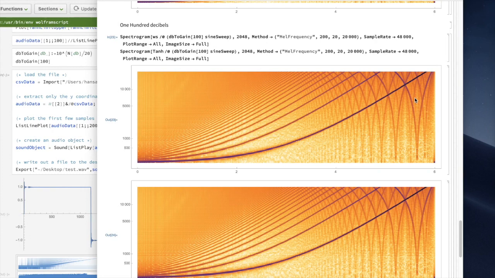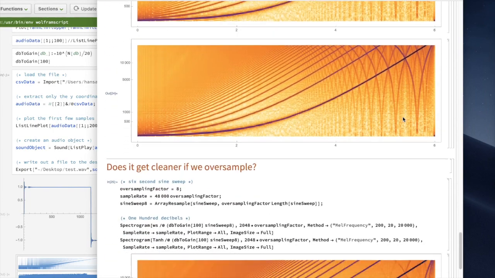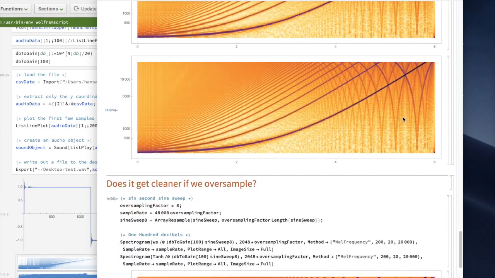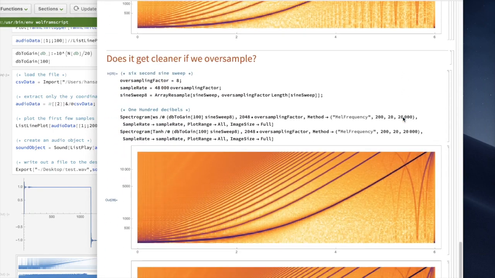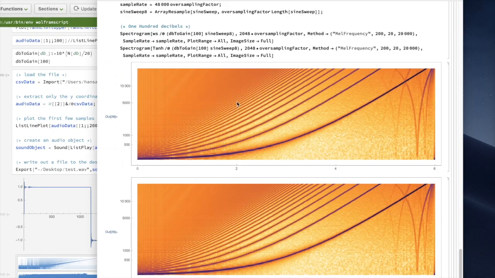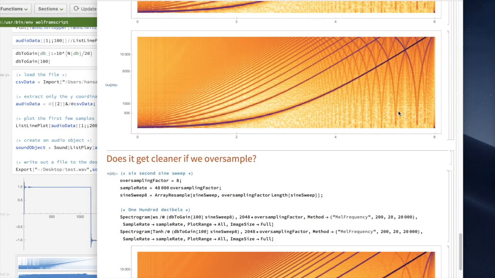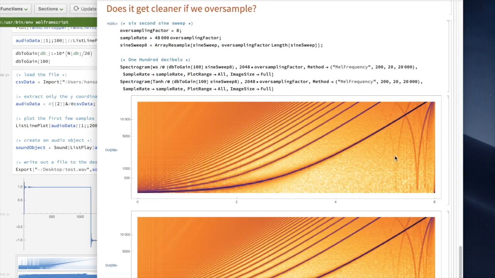So the question that we might ask next is, what if we oversample? Then what would happen? Here I'm oversampling the 100 dB input, and I think I'm having problems with the spectrogram in Mathematica, so I'm going to switch over to something that I did in C and look at the spectrogram just now. But you can kind of see what's going on here. I think this is wrong, though.